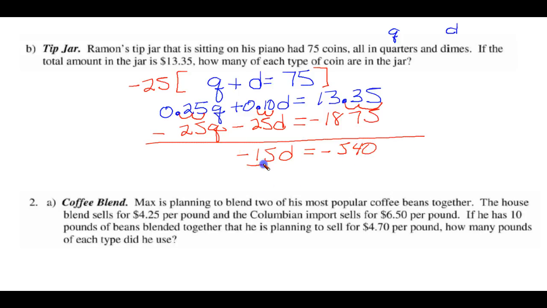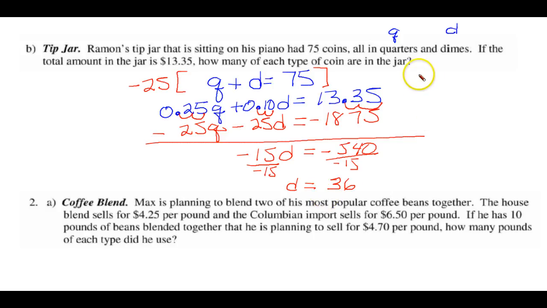Now when I divide both sides by a negative 15, and here you have to be careful of your signs, I get d equals 36.